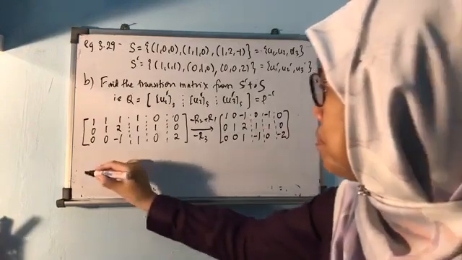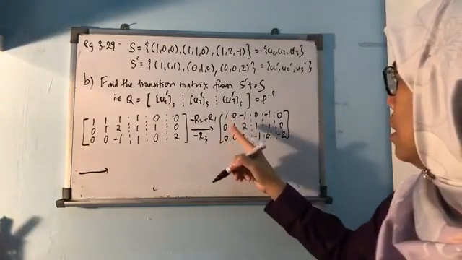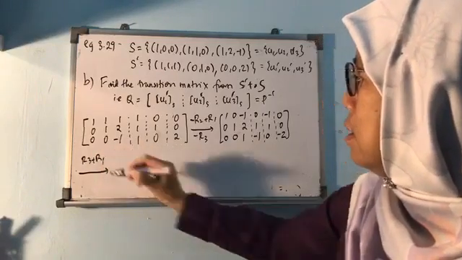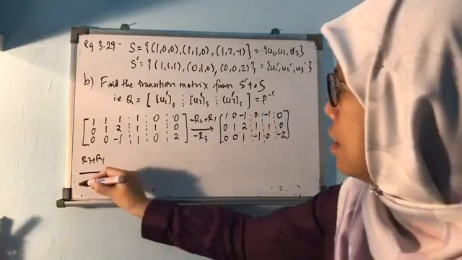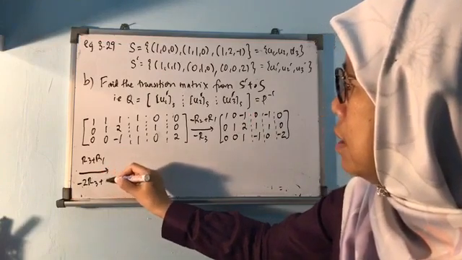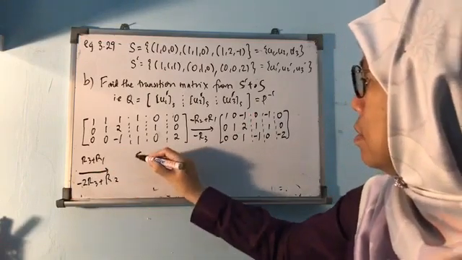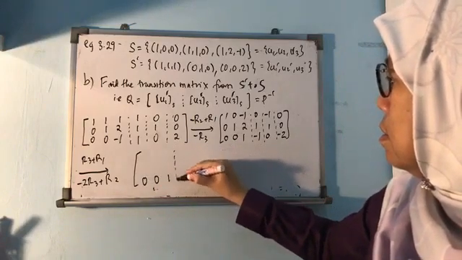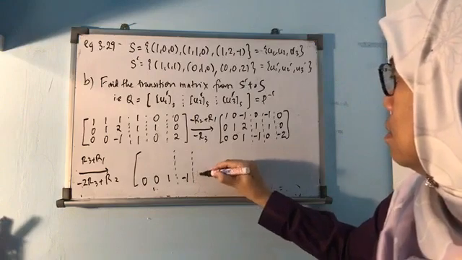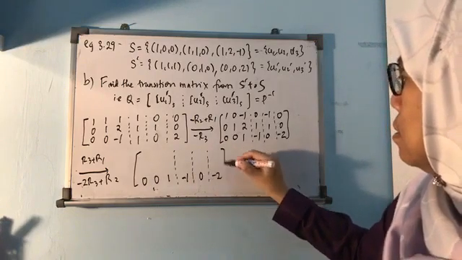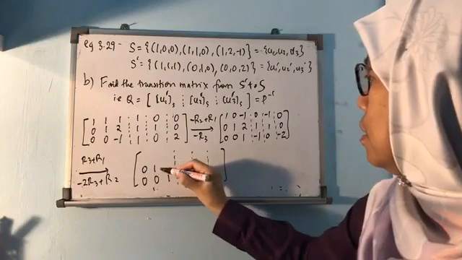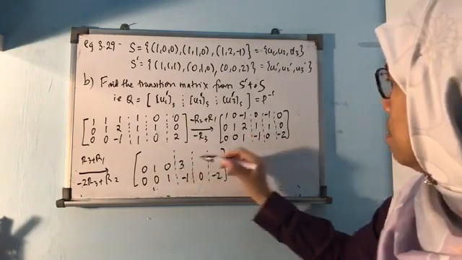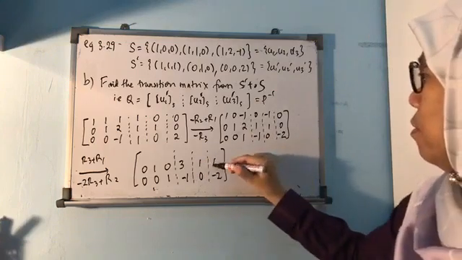Okay, one more. This one done, this one done. This R3 plus R1, negative 2 R3 plus R2. Okay, so 0 0 1, 0 1 0 negative 2 and add 3, 1 4.